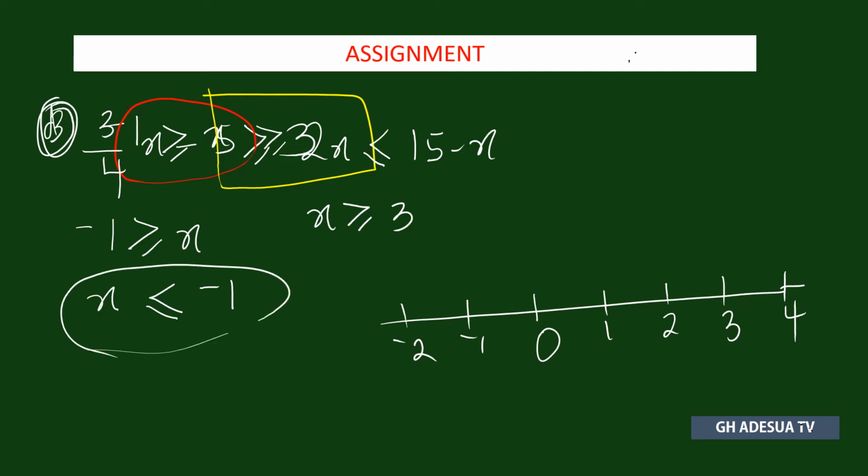Okay, so let's deal with this one. X is less or equal to -1. Numbers that are lesser than -1 go this way. So less or equal to, so this way, and then the arrow that way. Now the other half of the equation is x is greater or equal to 3.